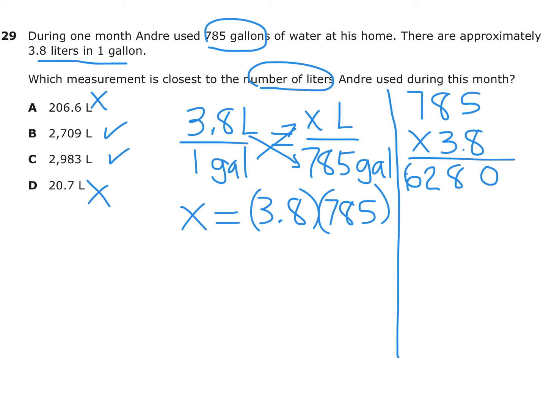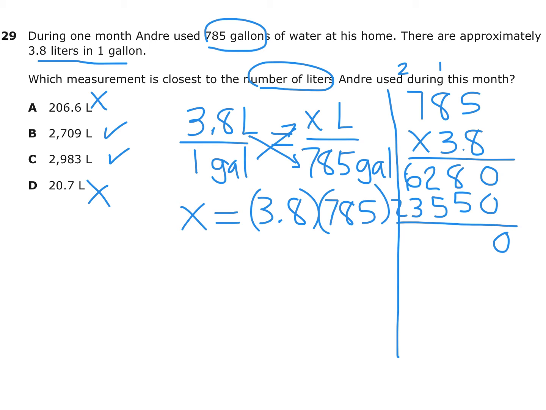And then we have to write a 0 here. 3 times 5 is 15, so write a 5 here. Carry a 1. 3 times 8 is 24, plus the 1 would be 25. Write a 5 and carry a 2. 3 times 7 is 21, plus the 2 is 23.